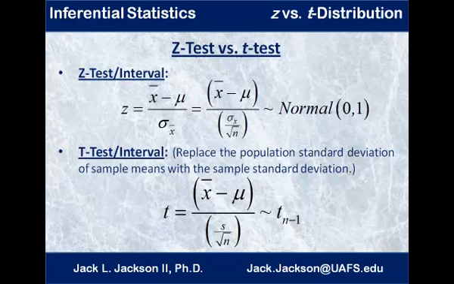that t, and t is actually distributed by a t distribution. It depends on the sample size n. So there's actually not just one t distribution. There's a t distribution for every possible sample size. The one less than the sample size is called the degrees of freedom. So n minus 1 is the degrees of freedom, and we have a t distribution for every possible degree of freedom.